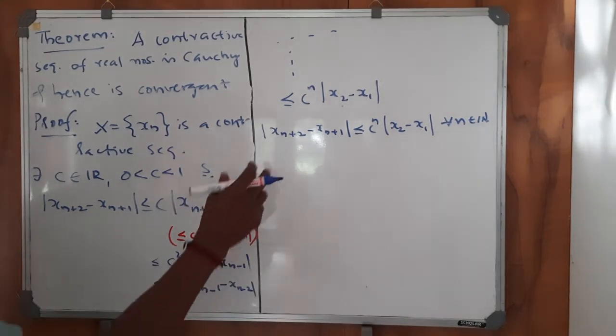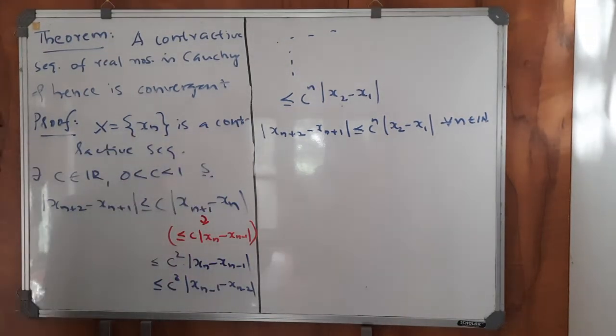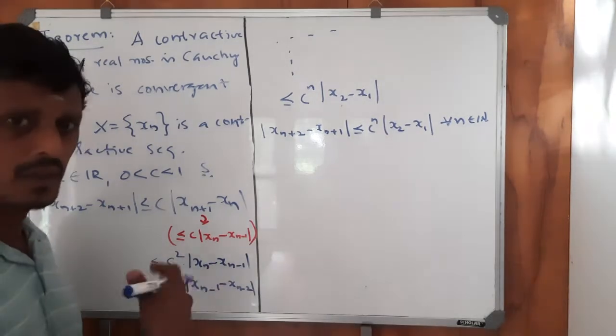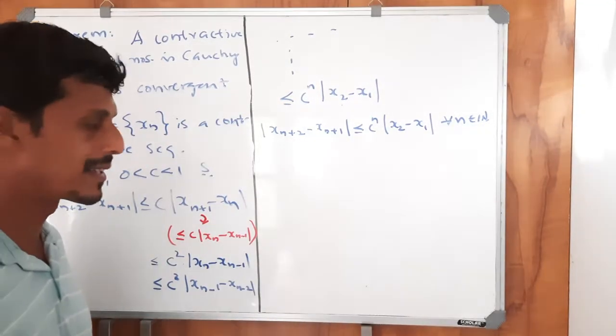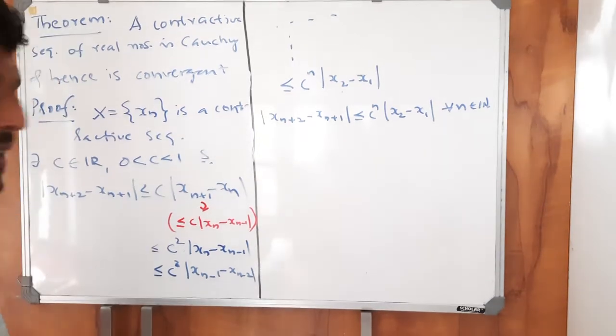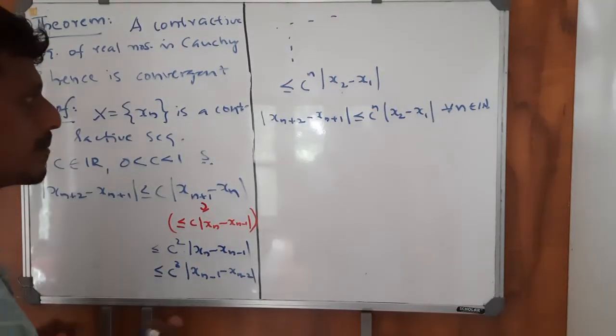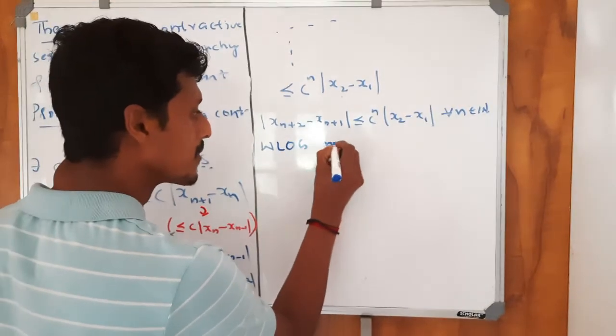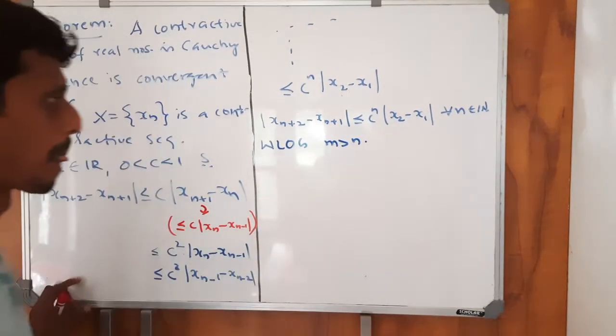So now we will prove that the sequence is Cauchy. In order to prove that the sequence is Cauchy, we have to prove that |xm - xn| tends to 0 as m and n tend to infinity. So without loss of generality, let us assume m > n.